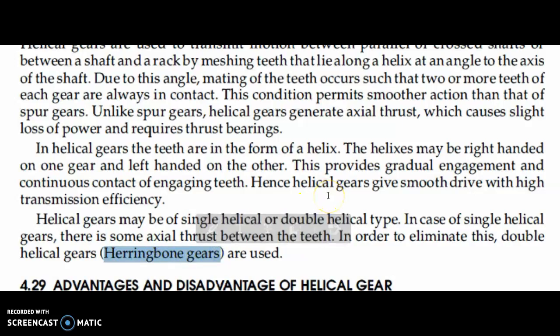So we have to design a helical gear for parallel, crossed or any inclined shaft. This method is available through the helix, because there is some angle between the shafts.